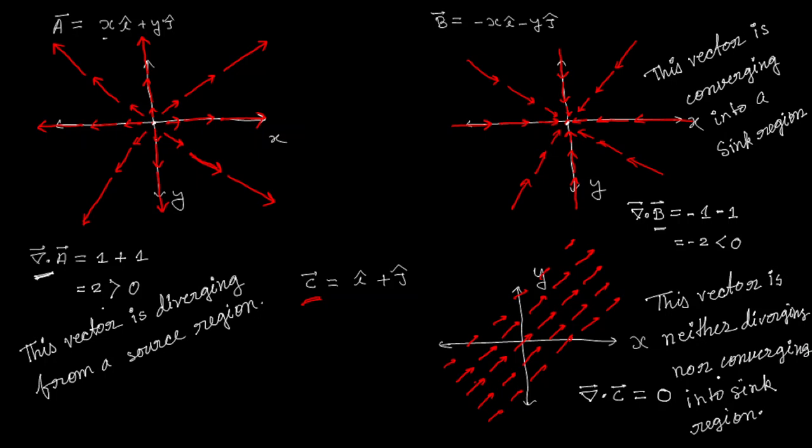Okay. Similarly, we also have to learn how to write the curl of a vector field and what the physical meaning of curl is. So write here, curl of a vector.